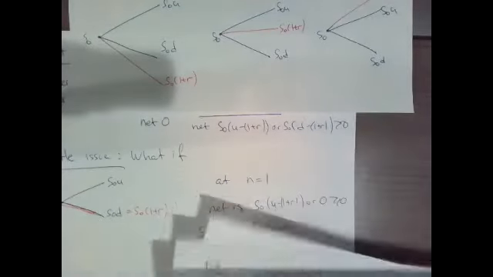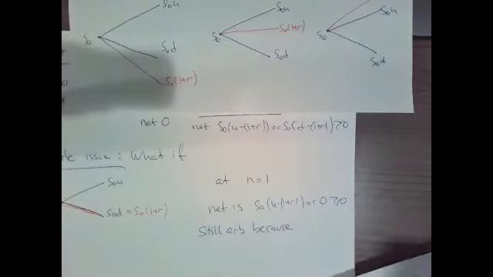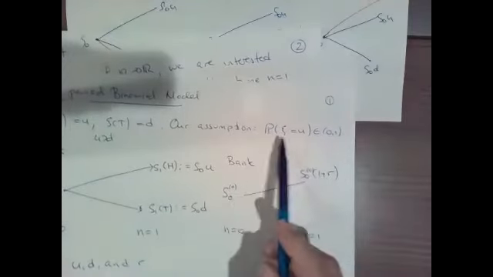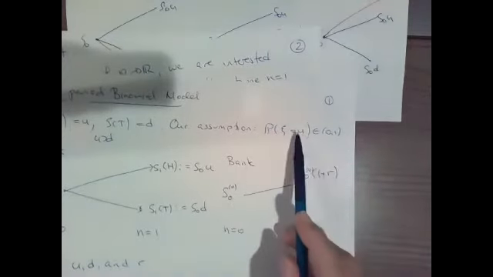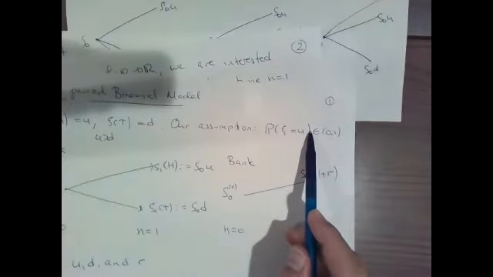We're still talking about probabilities, and the probabilities are strictly positive. That was all the way back to the very first thing I wrote. There is a strictly positive probability of going up, between 0 and 1. So there's a strictly positive probability of both U and D.